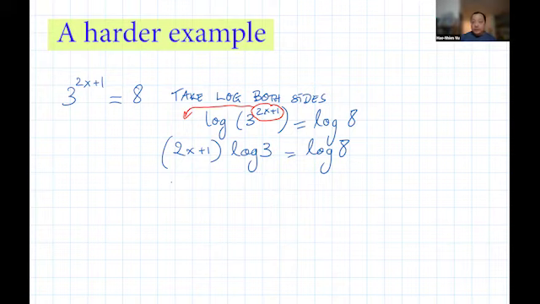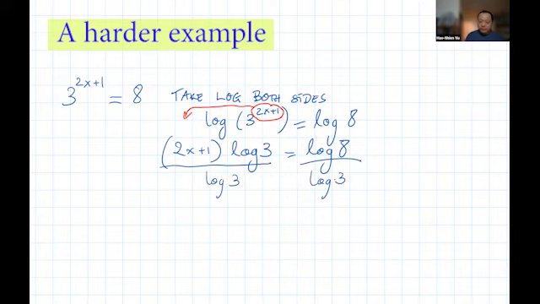All right, once you are at this step, log 3 is a number, log 8 is a number, and x is on the inside of these parentheses here. I want to isolate x. I want to free it of the log 3 on the outside. Seems like a good idea to divide both sides by log 3. These cancel, and I have 2x plus 1 is equal to log 8 divided by log 3.